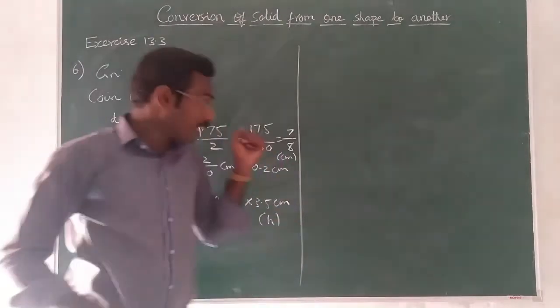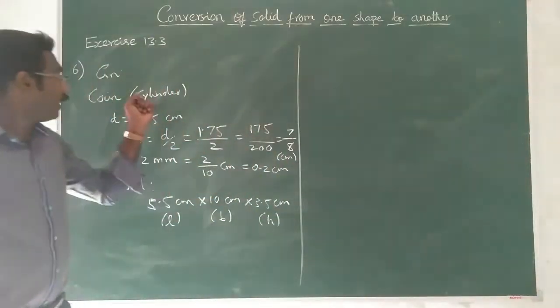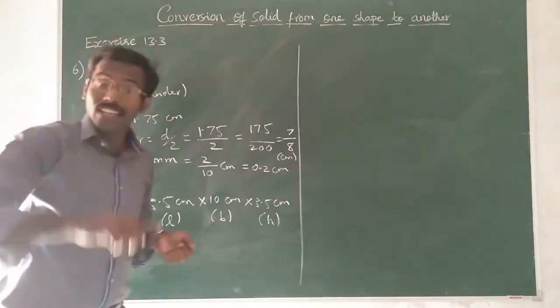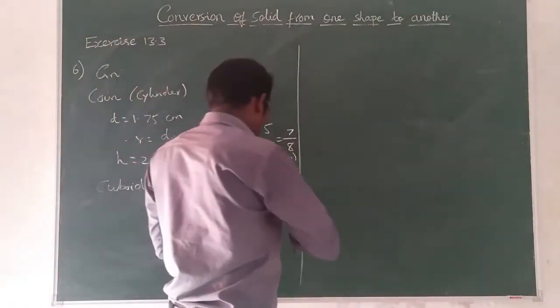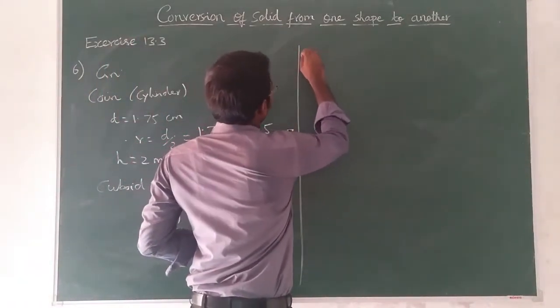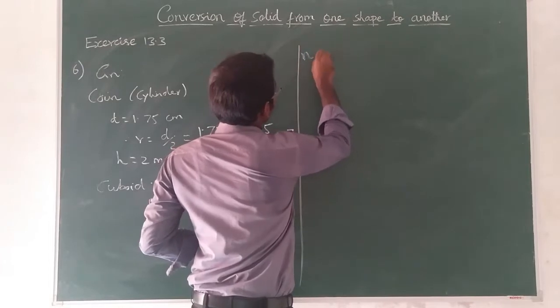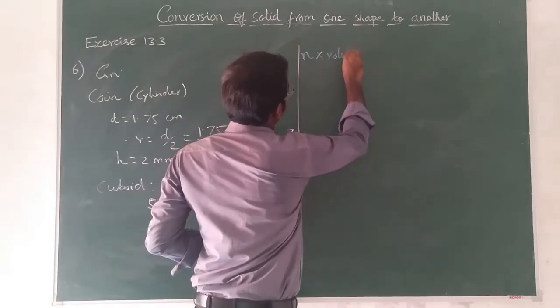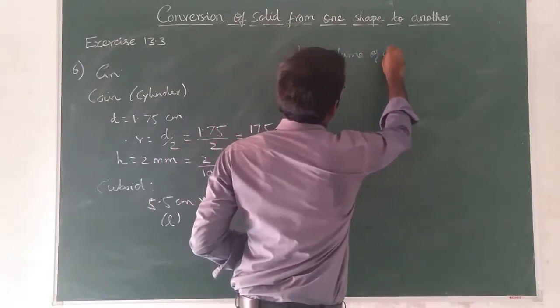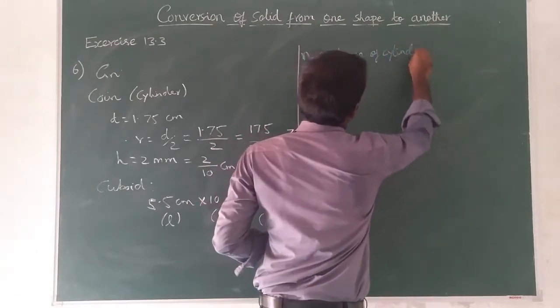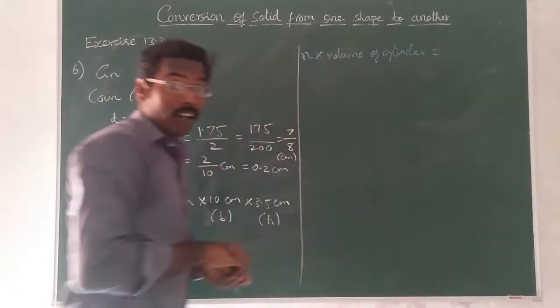So you can write like this, coin is a cylindrical shape. So n number of coins means, you can write n into volume of cylinder. Why I am writing like this? Because n number of coins.